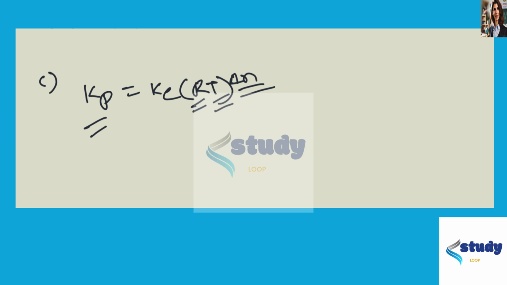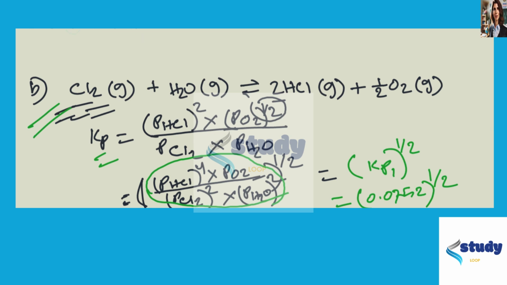We have to find the value of del N, which is the number of moles of products minus the number of moles of reactants.